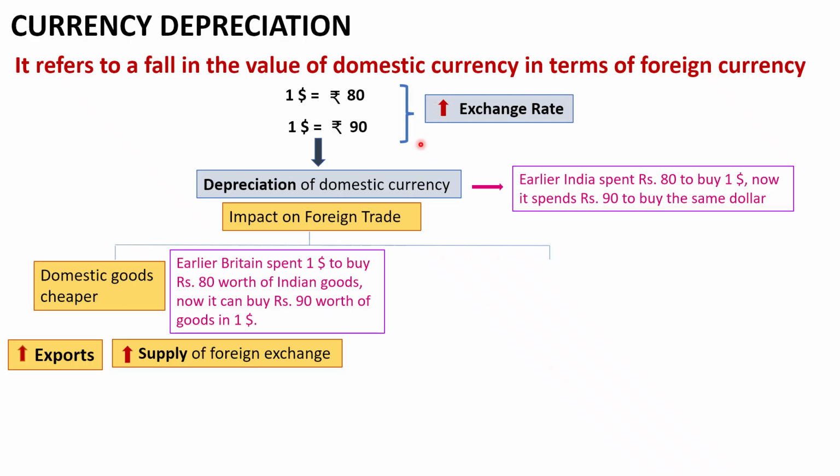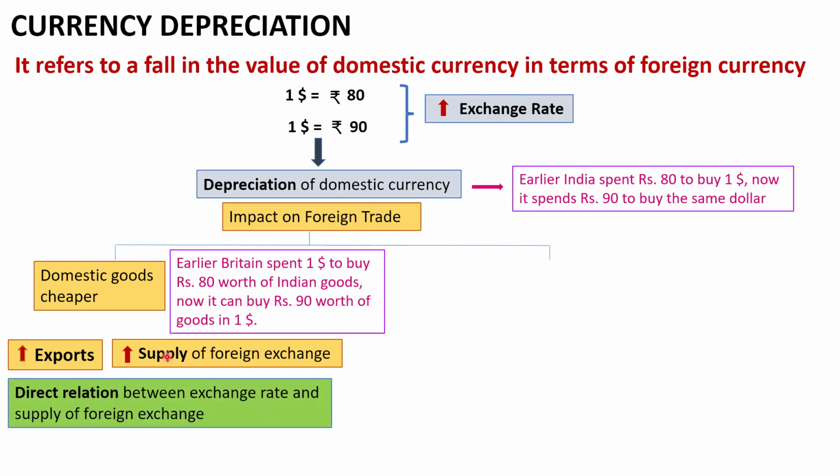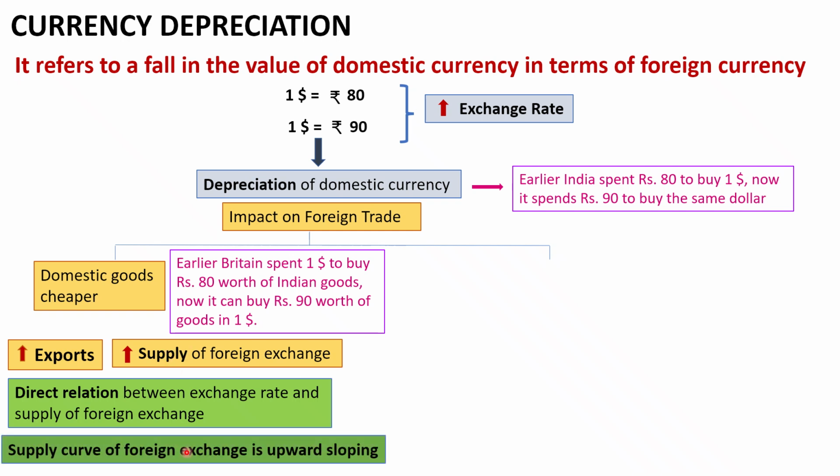Notice the arrows, upward arrow here and upward arrow here. So we establish a direct relation between exchange rate and supply of foreign exchange, which leads us to the upward sloping supply curve of foreign exchange. Since there is a direct relation between them, the supply curve of foreign exchange is upward sloping.